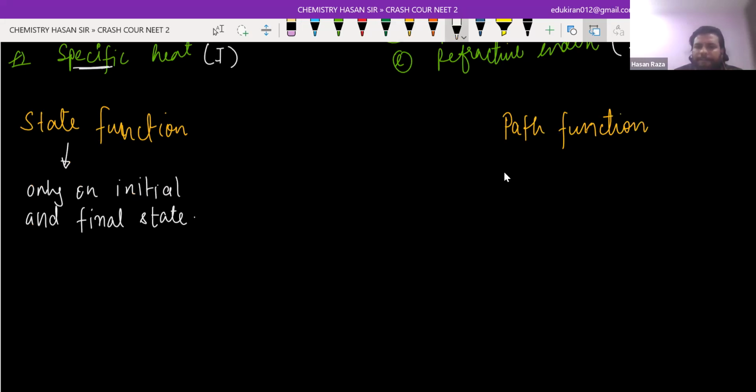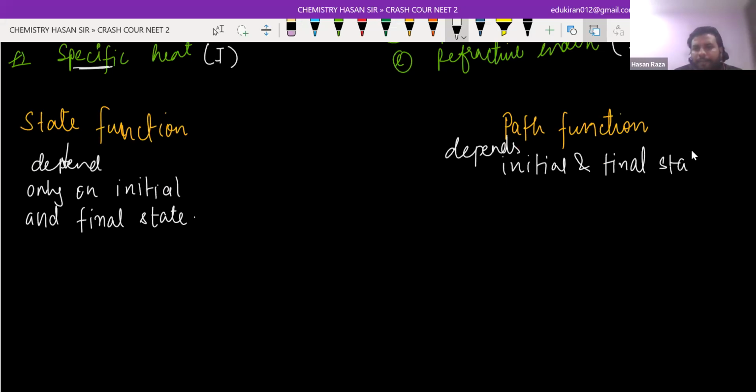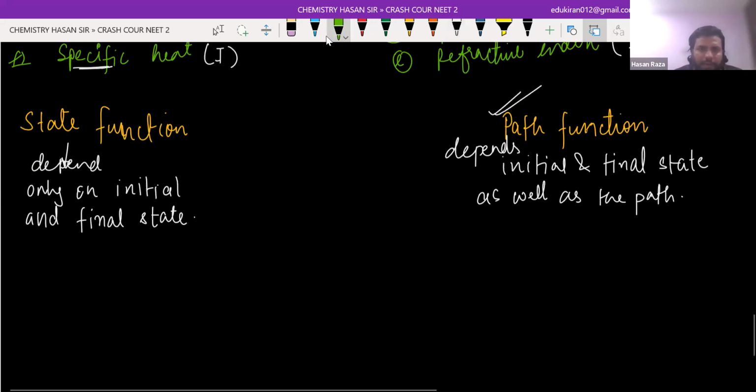And here it depends on the initial and final state as well as the path. This type of function is known as a path function.